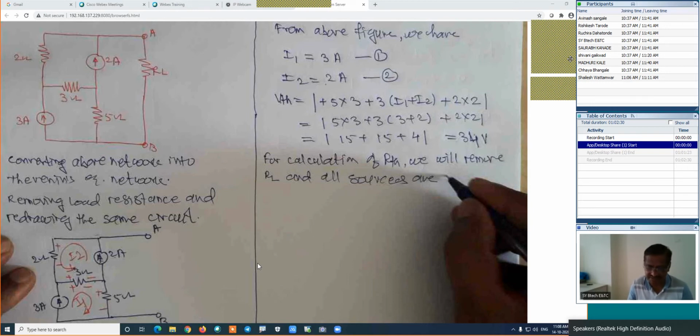How will the figure be? This will be the figure for the calculation of RTH.